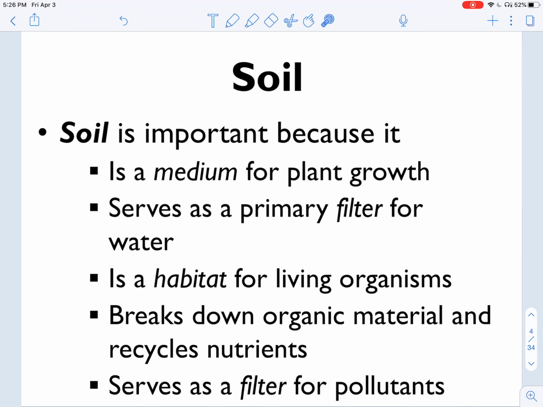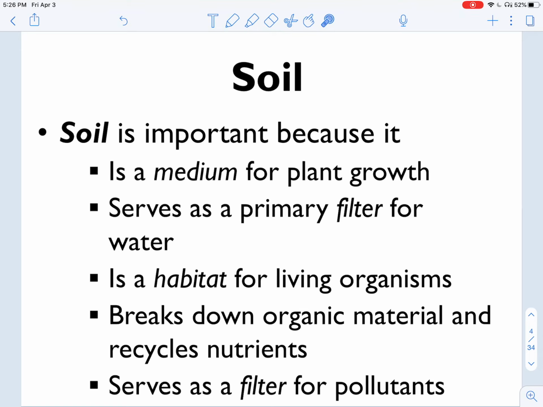So we're going to go through a photo of these, but first, probably some obvious importances of soil, but we're going to go through all of them briefly. First of all, it's a medium for how our plants grow. It also is a very important primary filter for water. So water percolating down through the soil gets filtered. It also is a habitat for many living organisms. That's an understatement.